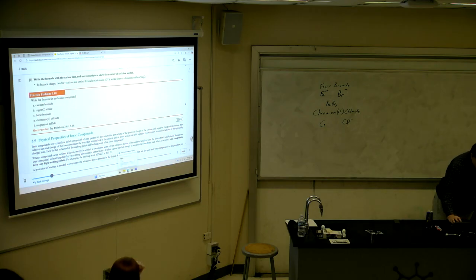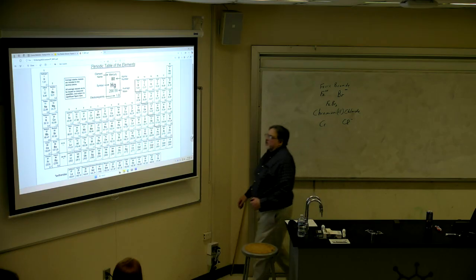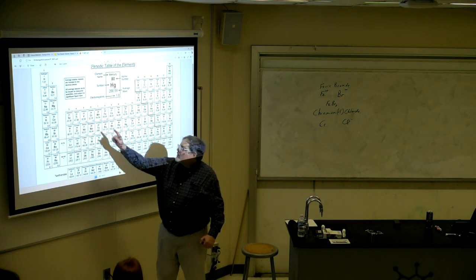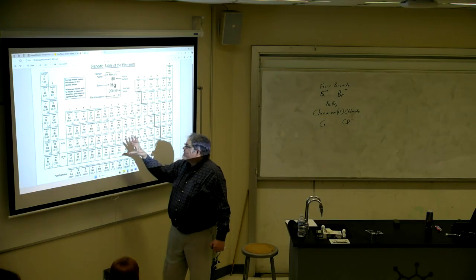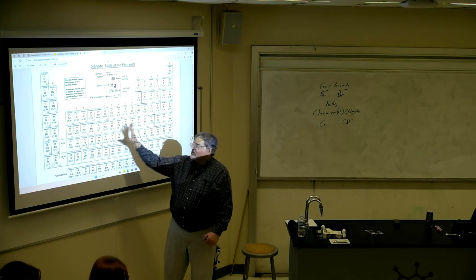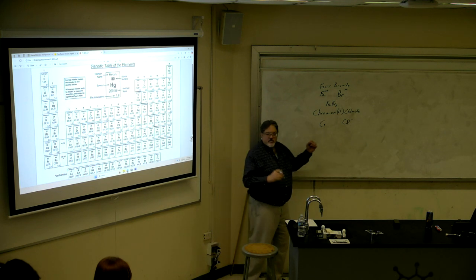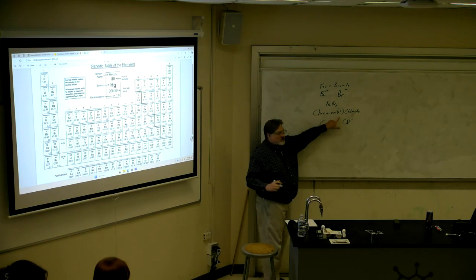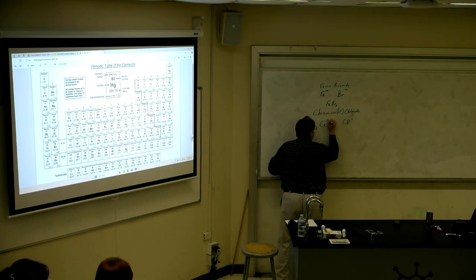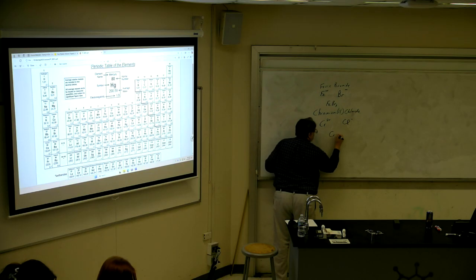Chromium is on the periodic table, it's down here. Because it's one of the transition metals, or one of these, it can have more than one charge. So how do you know the charge on chromium? That tells you the charge on chromium. So it's 2 plus, so I need 2 chlorines to make it balance.